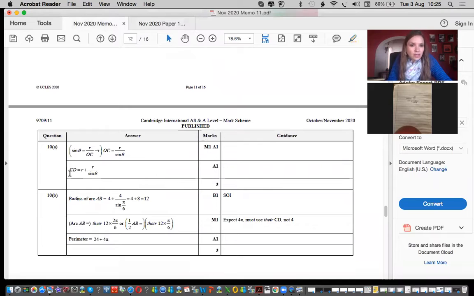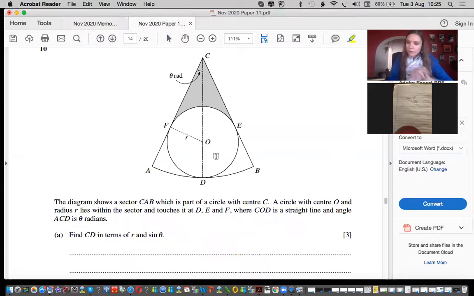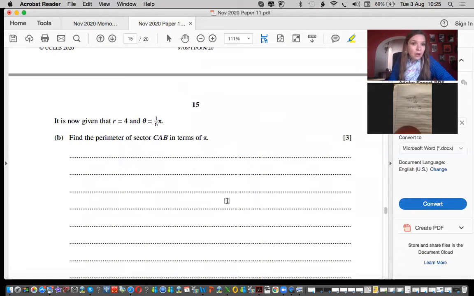Check, they've got CD is equal to R plus, let me just get my highlighter. All of this I need to be highlighted. This is what I wanted for this question. Maybe we'll use it for the next question. But for now, let's just write down CD is equal to R plus R over sine theta. 3 marks just for doing trig. Fantastic. Now B, they ask for, find the perimeter of sector CAB.